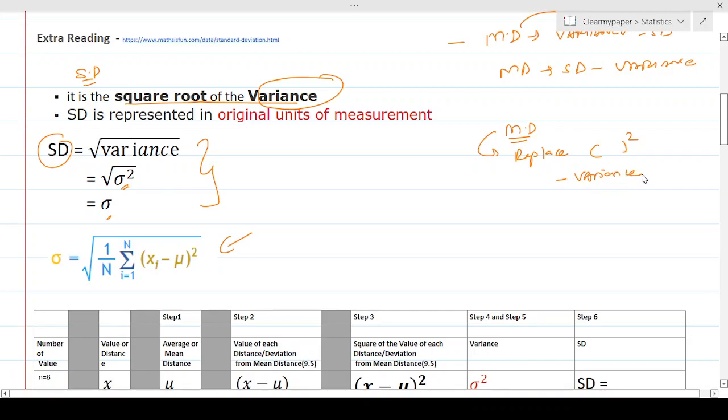And then if you put the same formula under the square root, which is what this pretty much is, it's going to be your standard deviation. If I had put a vertical bar here and no square, it would have become mean deviation. But if I replace the absolute values and put back the square, it becomes variance. And if I put back the square root, it becomes standard deviation. So as simple as that.